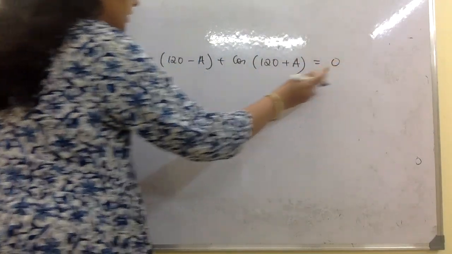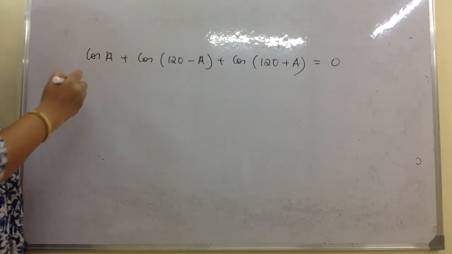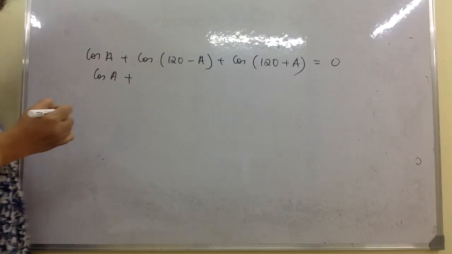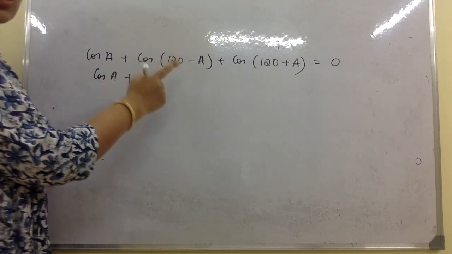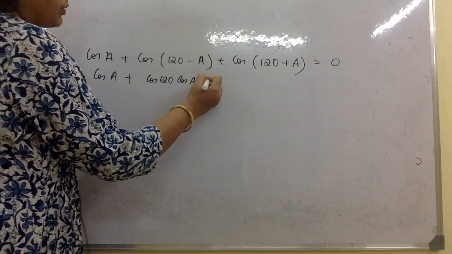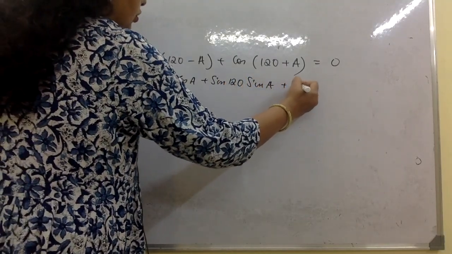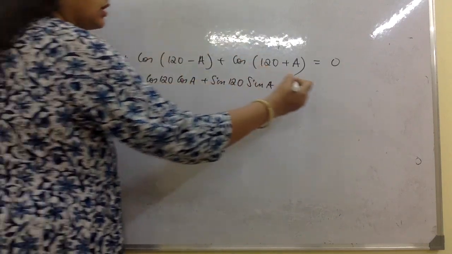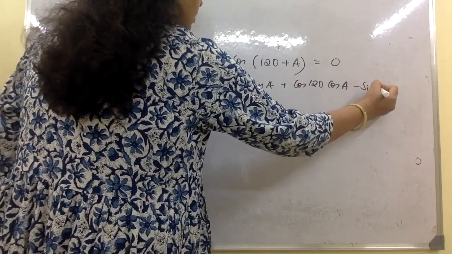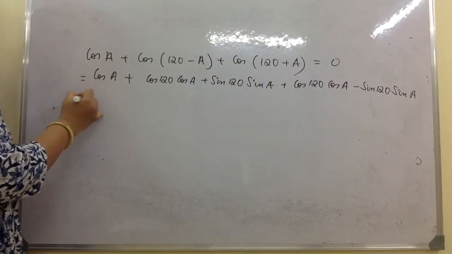We have to prove this is equal to 0. All pluses in between. So what do we do? Cos A, just copy, plus. We'll use the formula of cos A minus B. Cos 120 cos A plus sin 120 sin A plus cos A plus B formula, cos 120 cos A minus sin 120 sin A. Now what will happen?